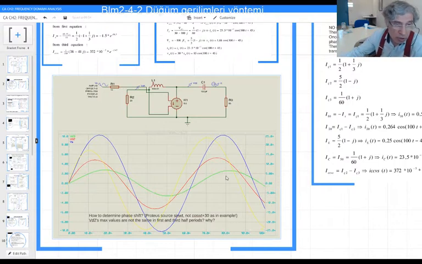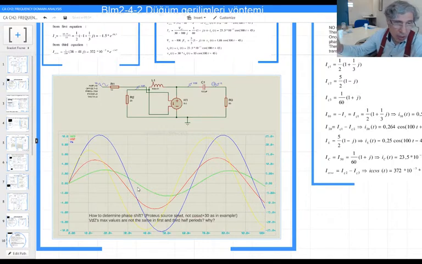What is changing is the magnitude. You see the magnitudes of these sinusoidal functions are different, and the angle is also changing. That means phasor, isn't it? A phasor does not have the frequency in it. So the amplitude and the phase of the signals are changing.